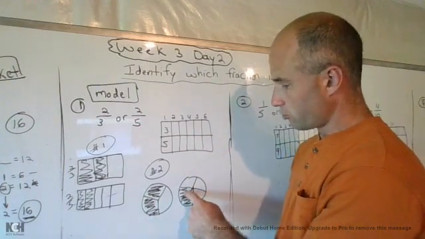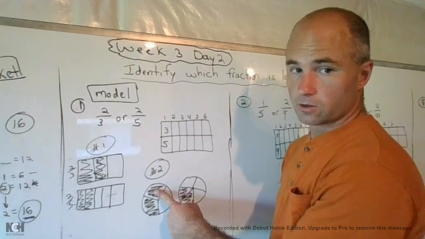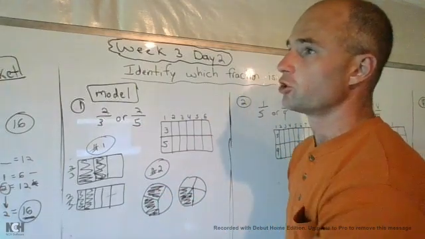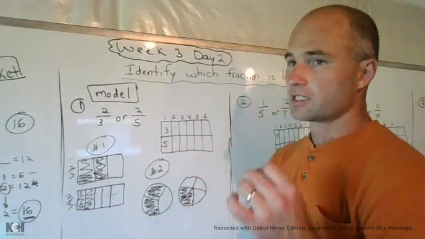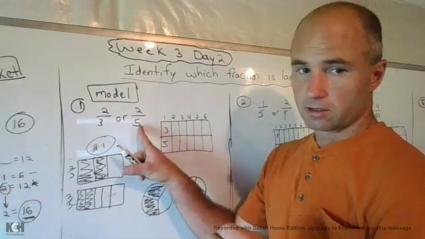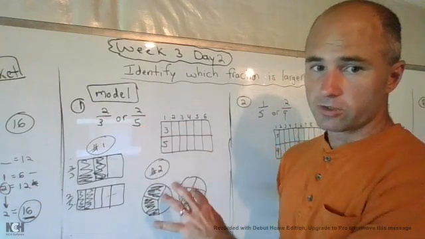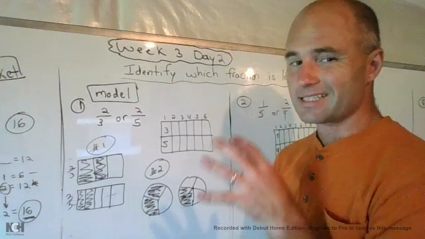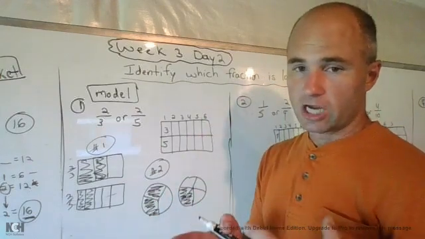This 1/5 is smaller than that 1/3. So if your numerators are the same, 2 and 2, and your denominator is bigger, it's going to be smaller. I could use this strategy. Once again, it works, but can be challenging at times.